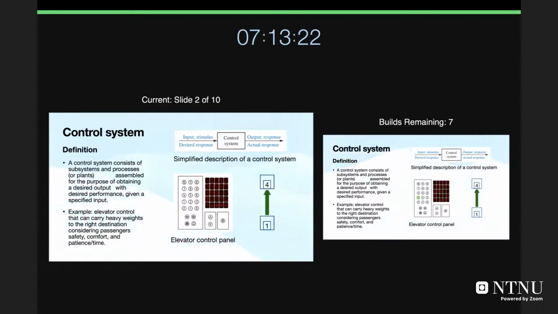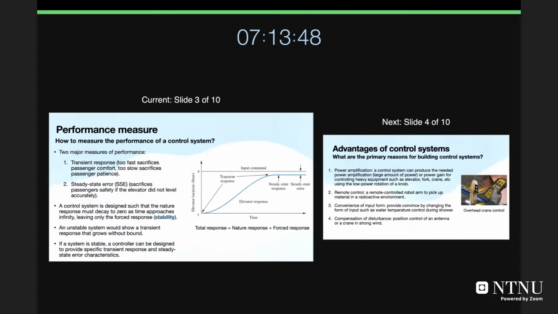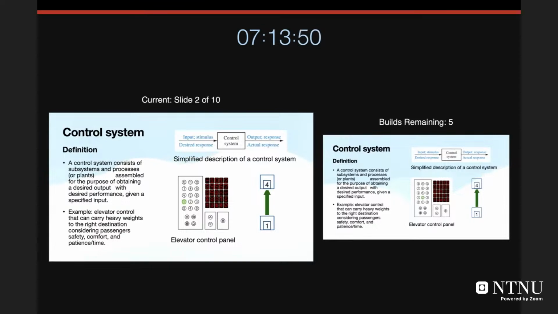In this case, we need to minimize time, and at the same time, we want people to feel comfortable and safe inside the elevator. Those factors we need to consider when designing a control system for our elevator. So it will go from floor 1, right, until it reaches 2, 3, and so on, and arrives at its final destination.